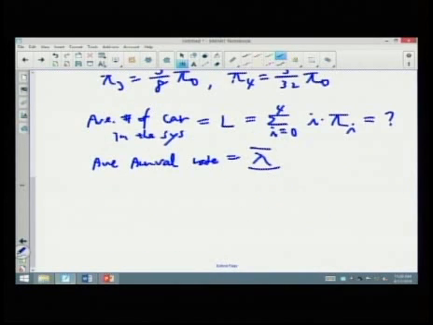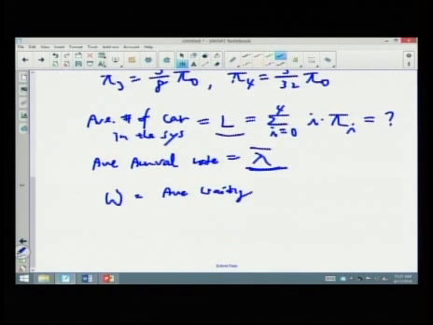After you get both L and lambda bar, you should be able to get W, which is the average waiting time of the customers in the gasoline station and the entire system.